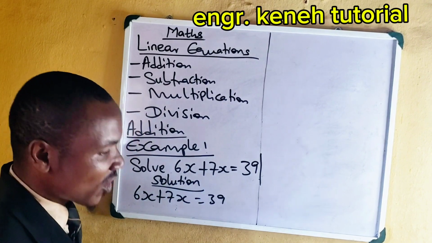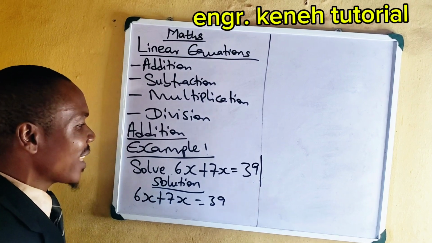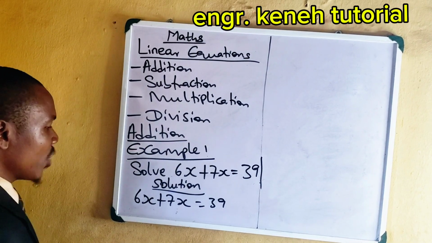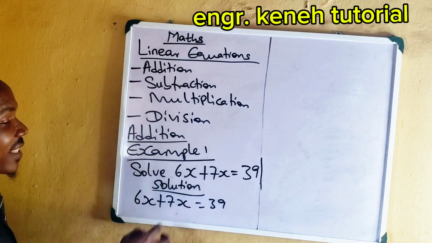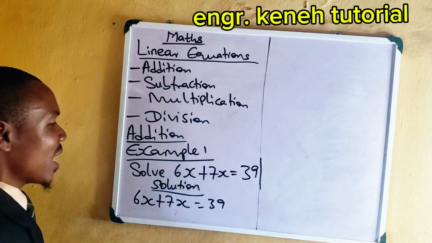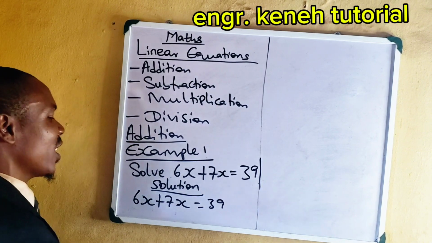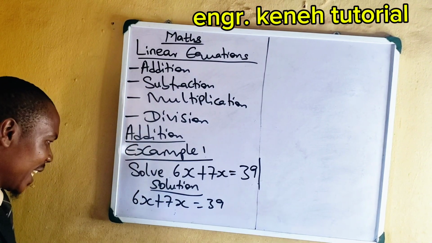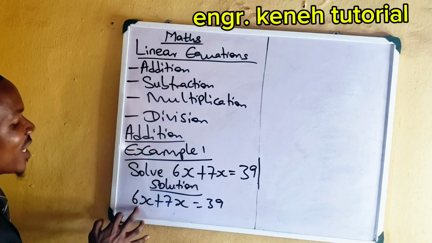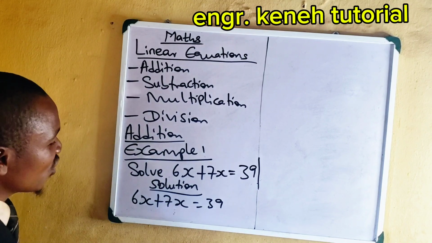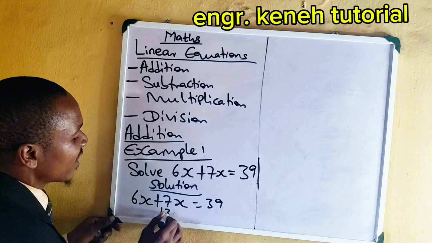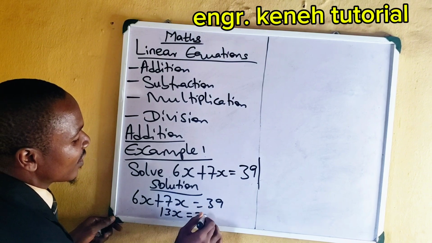What do I mean by like terms? Those that have x attached to them should come together, and those that do not have x should be on the other side, just like we have 39 here. So 6x plus 7x will give us 13x. Then bring down this.